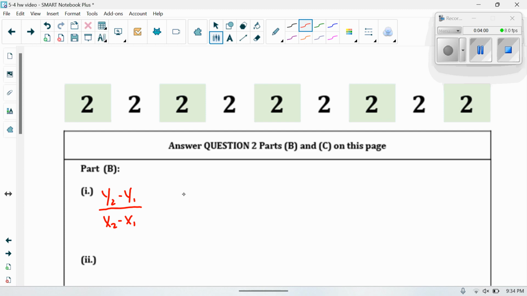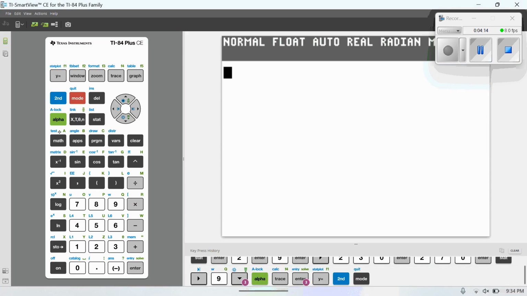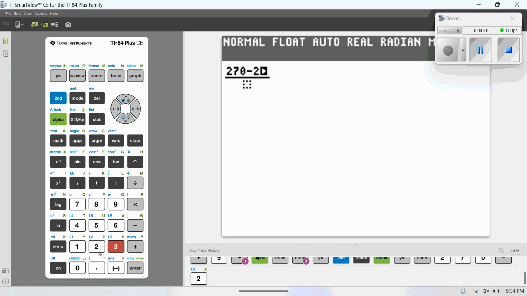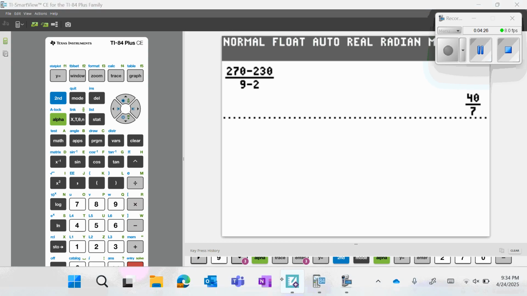So I am using 2 and 9, and they gave me 270 and 230. I'm going to do it right in the home screen. Alpha, y equals, to set up my fraction, 270 minus 230 over 9 minus 2. It's going to give me a fraction of 40 over 7.